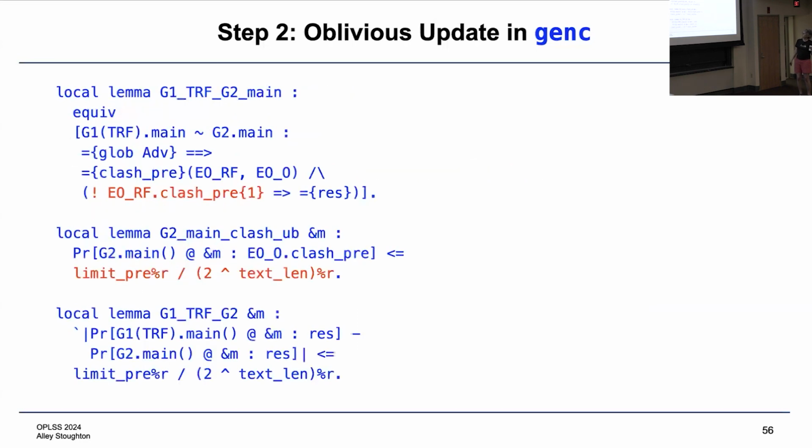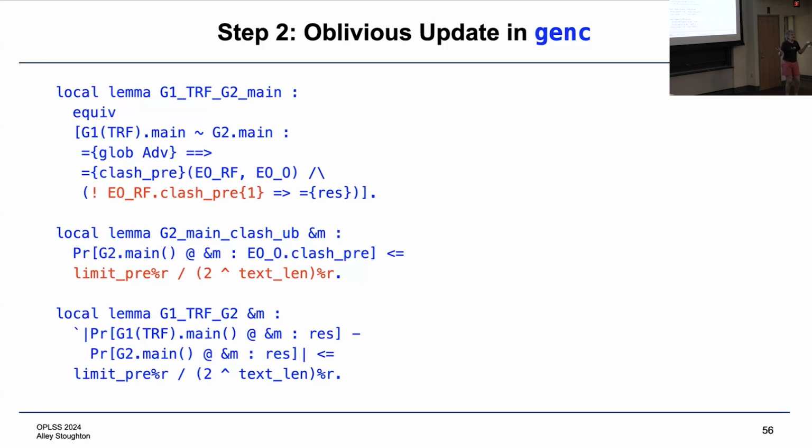So now, what can we do? Well, we can prove this lemma. It's a PRHL, a probabilistic relational Hoare logic lemma. The interesting thing about this in the post condition is that it's saying when you run G1 of TRF or G2, G2 being the one where we've made this unsound change, after you run these things, clash pre has either happened in both or in none, because we instrumented for this clash from the get-go.